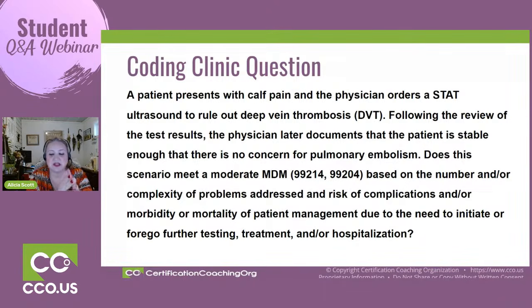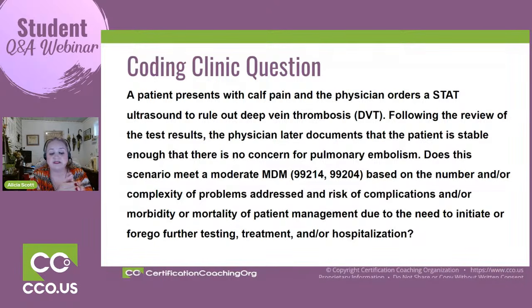So what they're actually asking is, the provider thought the patient had a DVT, some type of embolism that could become a pulmonary embolism and could go to the lung. So that's an acute, critical, life-threatening problem, and they order a stat, an urgent test, and it comes back negative.